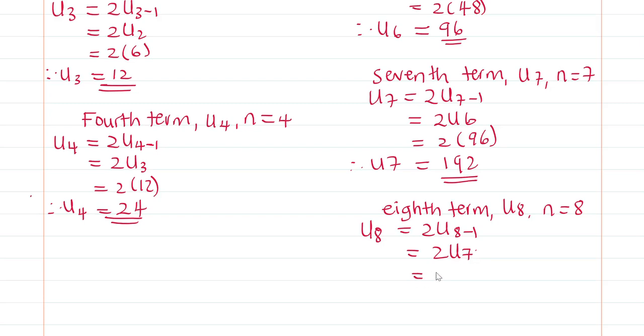What is u7? u7 is 192. So 192 times 2. Calculator. 384. That is what I'm getting. Press yours. 384. So the eighth term is 384.